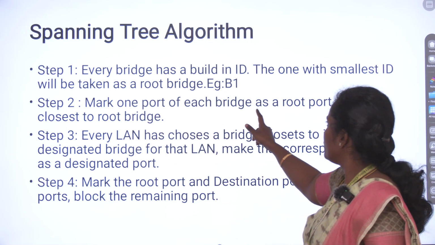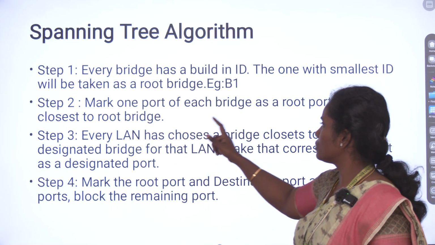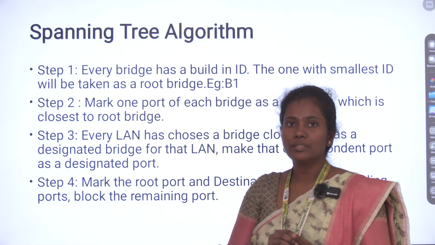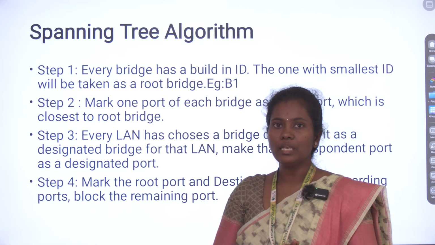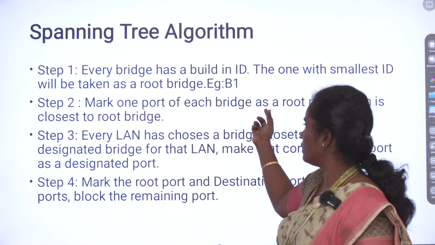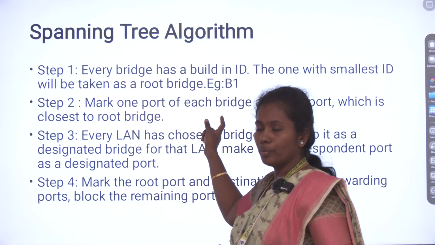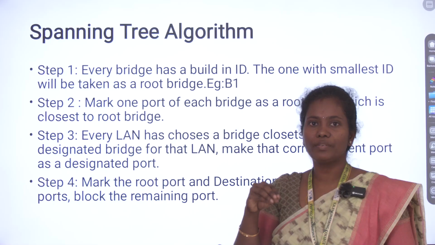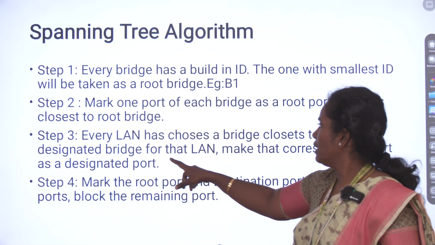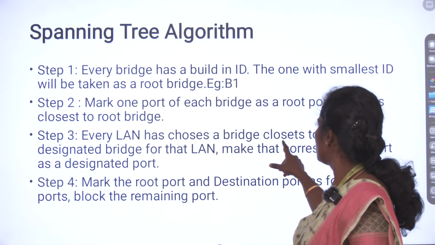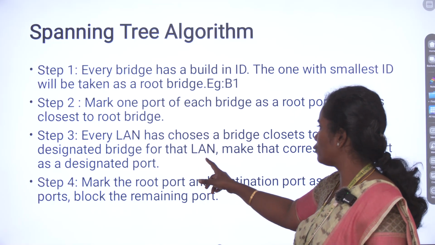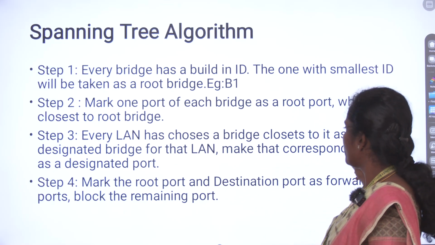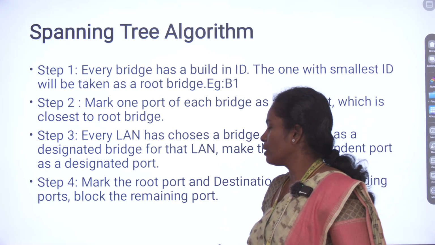Mark one port of each bridge as a root port, which is the port closest to the root bridge. First, we have to find the root bridge. Based on the root bridge, we have to calculate the root port. The port which is closest to the root bridge is the root port. Every LAN chooses the bridge closest to it as the designated bridge for that LAN, and that corresponding port is the designated port.